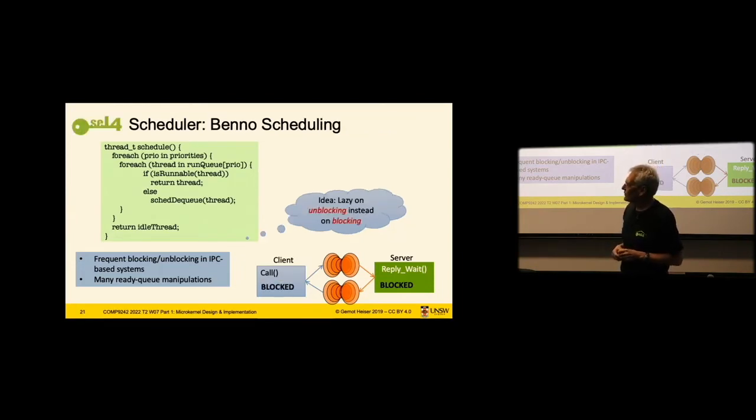And this is what gets you Benno scheduling. I call that after my former student who came up with this implementation. And the idea is, rather than being lazy on dequeuing from the ready queue, we're lazy in enqueuing into the ready queue.